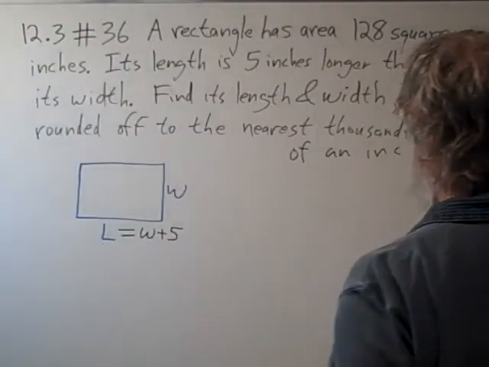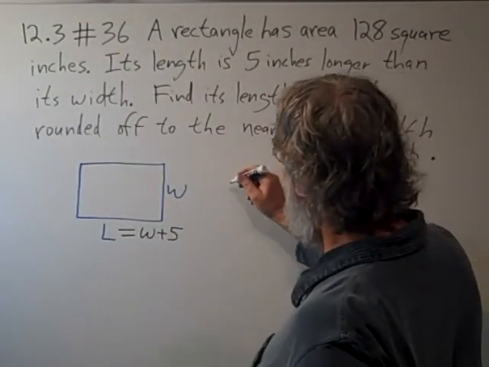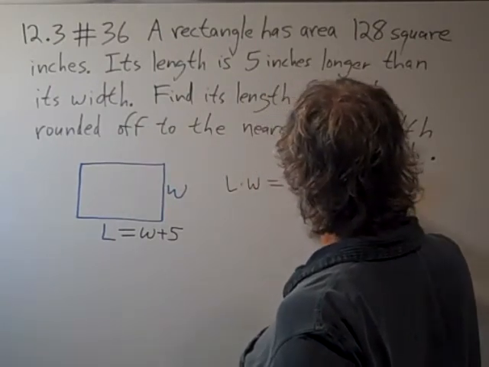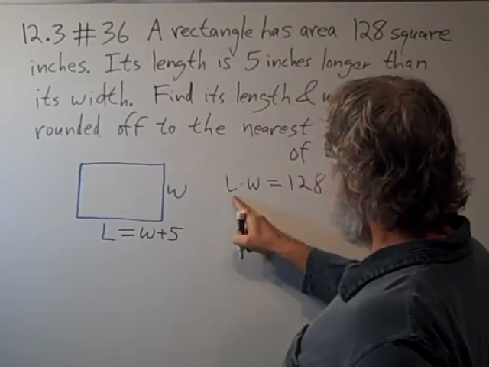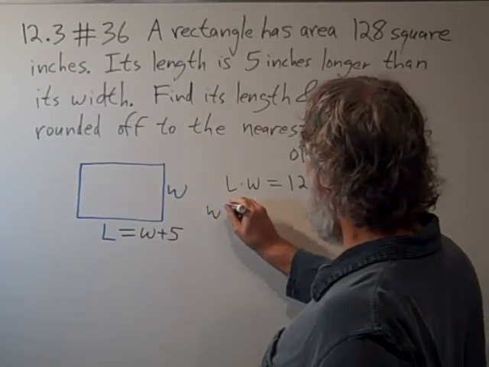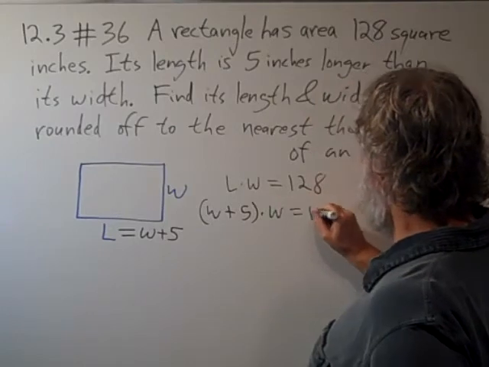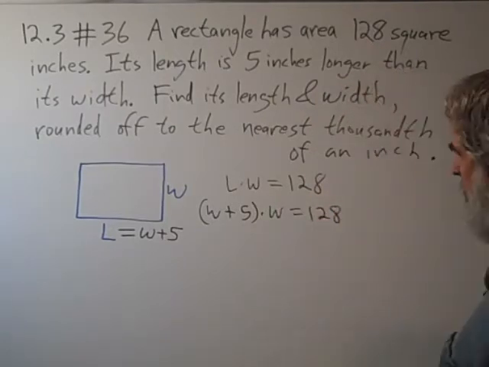The area is 128 square inches, so the length times the width is equal to 128, but the length is W plus 5, so W plus 5 times W is equal to 128.